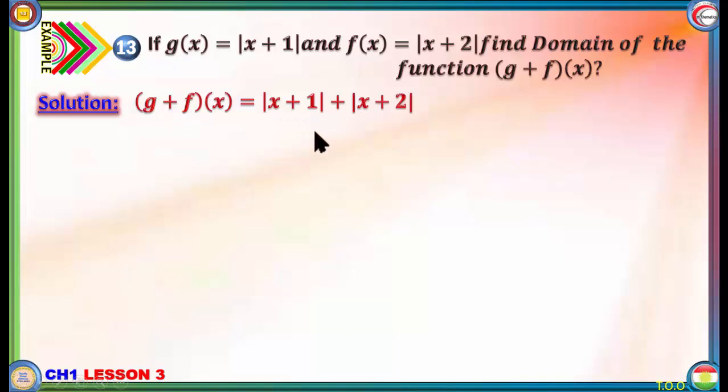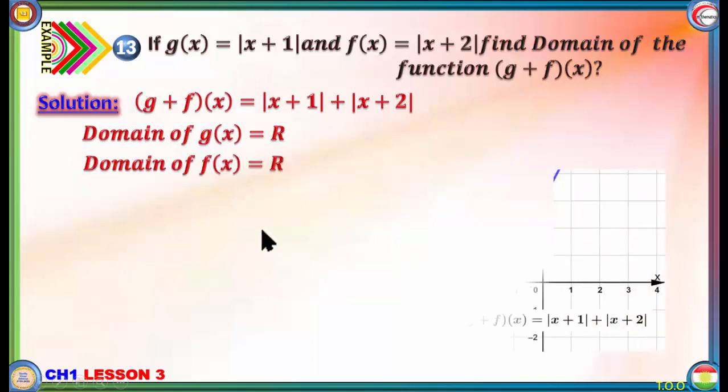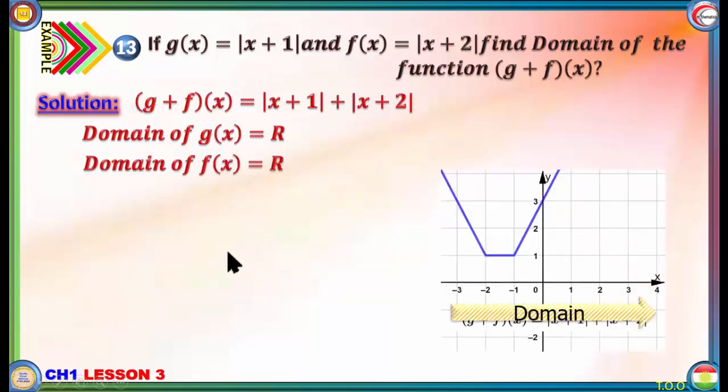The domain of the absolute value is all real numbers. Therefore, the domain of g(x) is all real numbers, and the domain of f(x) is all real numbers. Therefore, the domain of g plus f(x) is all real numbers.